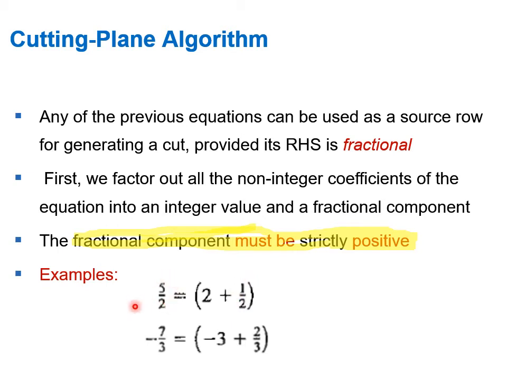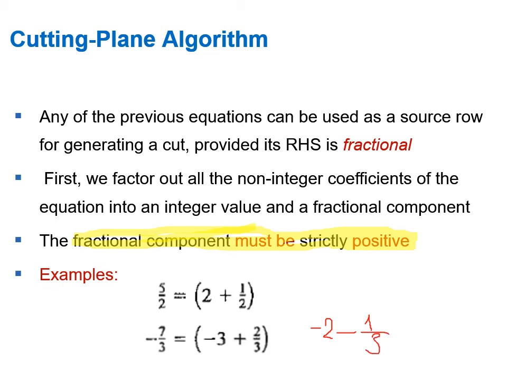For positive coefficients, it's easy, no problem. But if the coefficient is negative, you should be careful, because the fractional part must be positive. If our coefficient is minus 7 over 3, how can I represent this? I can represent this as minus 2 minus 1 over 3.